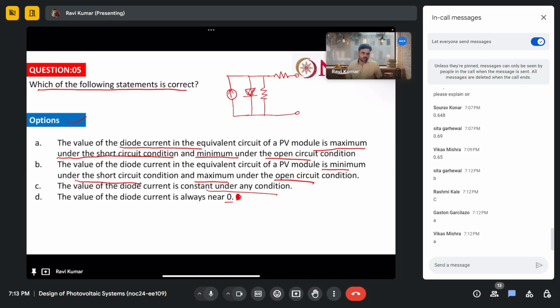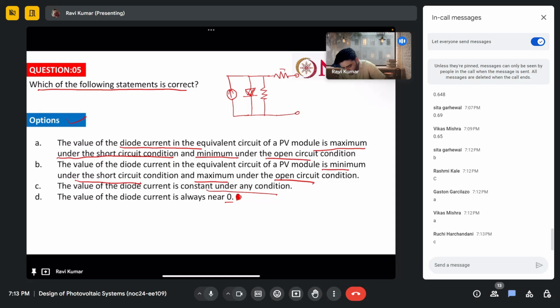A, okay, interesting. Sita said B, Rasmi said C, it is constant under any condition, and Vikas said A, it means maximum under short circuit condition, minimum under open circuit condition. And Ruchi said C, it does not change at all. Okay. So that's why I am drawing this equivalent circuit diagram.